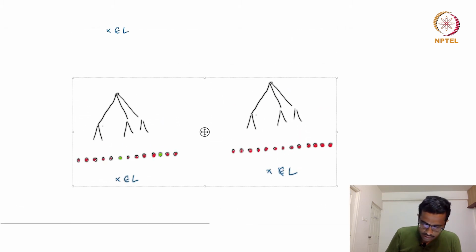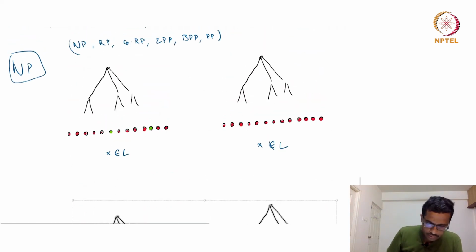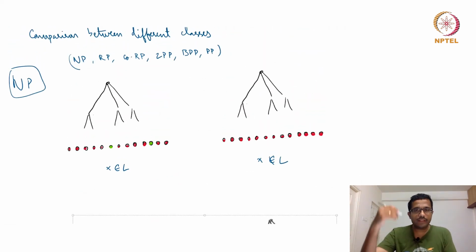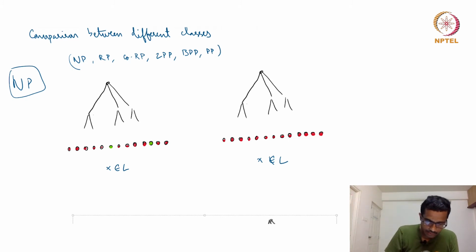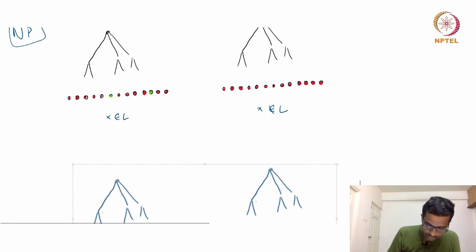Now let us move on. Can we think of what co-NP would be? Co-NP is the kind of opposite of this. I'll just write it without drawing a figure.